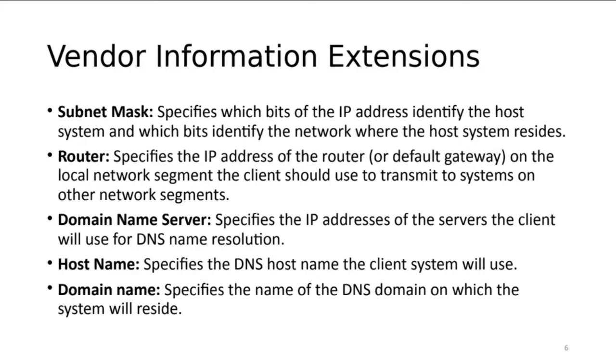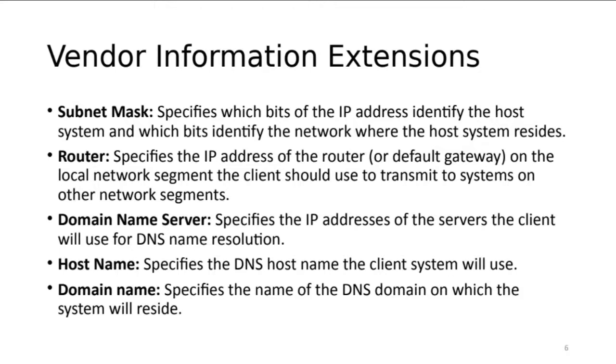These are the vendor information extensions for DHCP. We have the subnet mask. This specifies which part of the IP address is the host and which part is the network. The router specifies the IP address of your router or gateway.